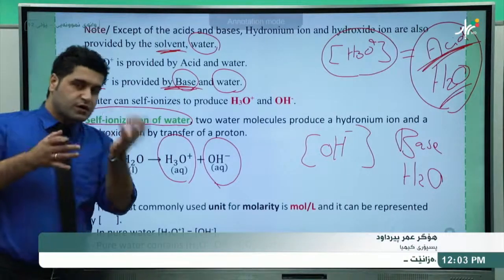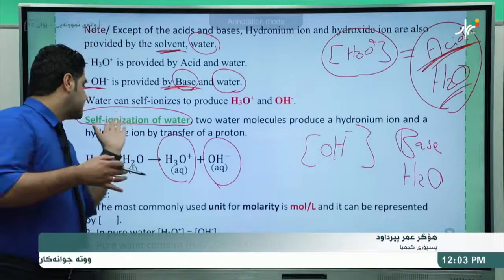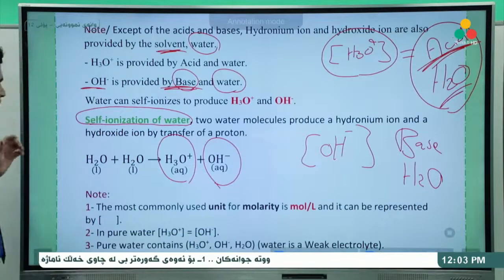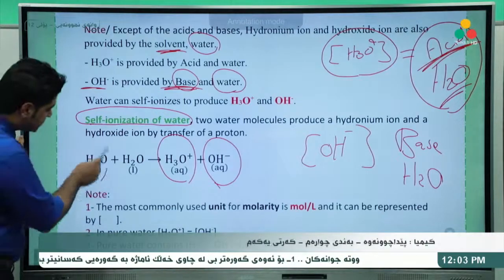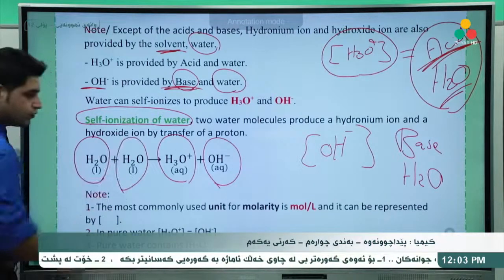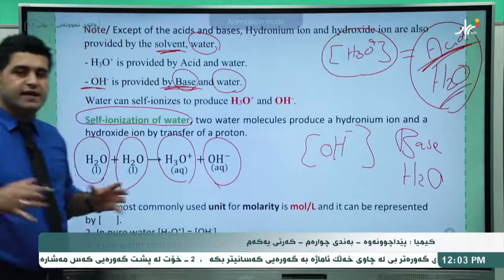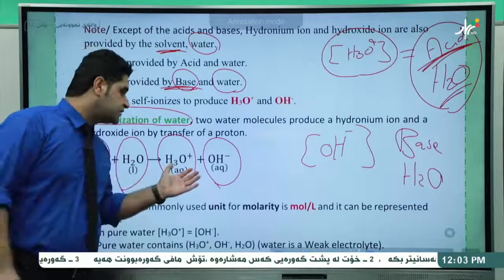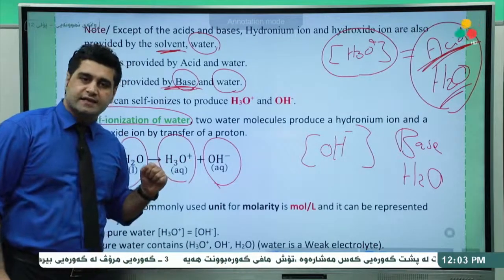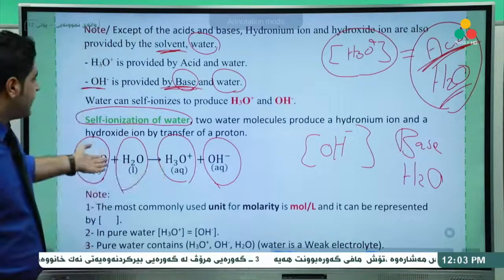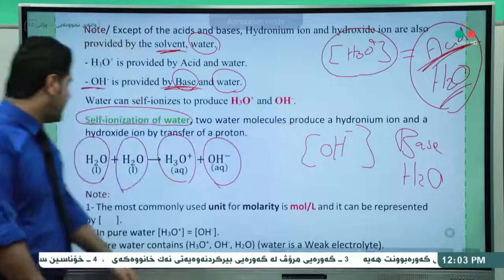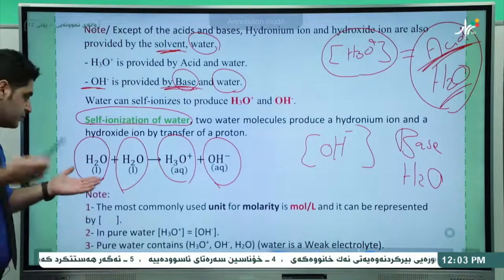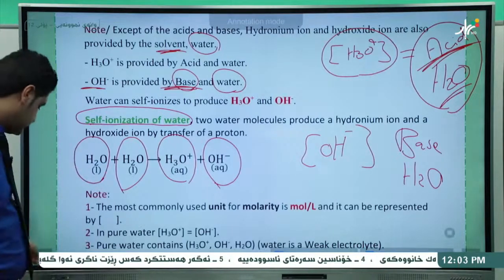Look, in here we have 2 molecules of water that react together to form the hydronium ion and the hydroxide ion. So self-ionization is 2 water molecules producing hydronium ion and hydroxide ion, by transferring a proton. One of them acts as a Bronsted-Lowry acid and the other acts as a base.